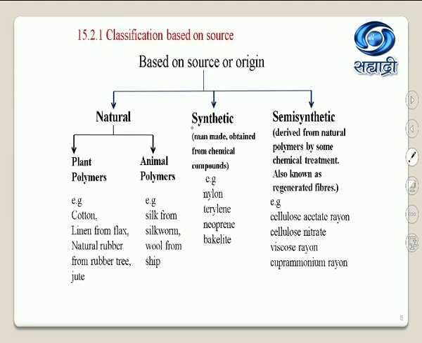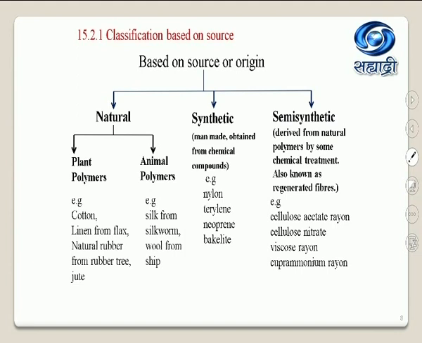Secondly, these polymers are also classified as synthetic polymers. Synthetic means man-made and obtained from chemical compounds. For example, nylon, terylene, neoprene, bakelite, all these are synthetic polymers. Then semi-synthetic polymers, these are derived from natural polymers by some chemical treatment.